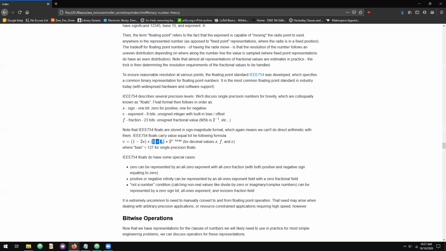So you get 5 as your significant bits, and then you would shift the radix so that you can have 0.5 rather than 5, right? So in theory we could do it without the 1 there. To tell you the truth, I don't really know why they did this offset, but it is part of the standard. And in practice, I have not yet found a reason to dissect a floating point value.